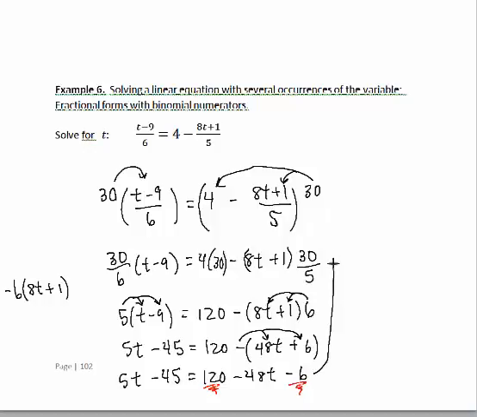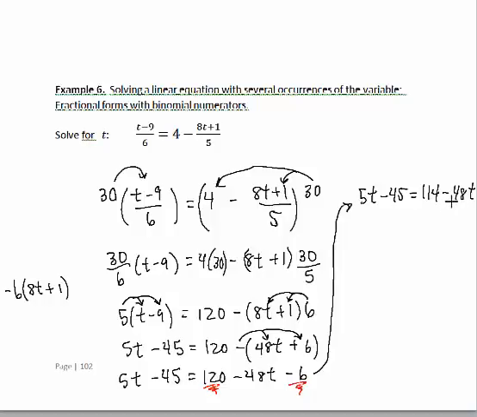So I'll move my equation up here. 5t minus 45 equals, alright, 120 minus 6 would be 114, and then I bring along the minus 48t. So now, looking at our equation, we have no like terms only on the left, and if we just look at the right side, no like terms there either.